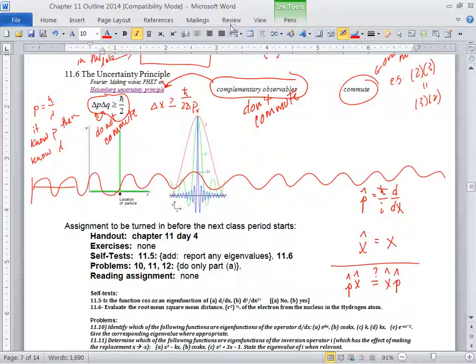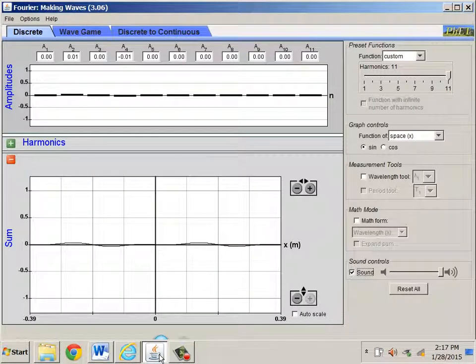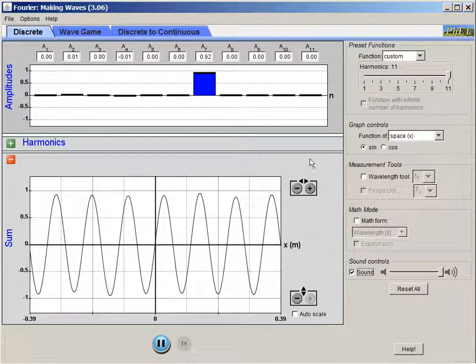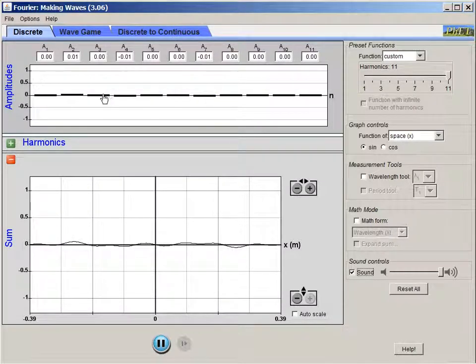One thing that's kind of cool here, I wanted to show you. So these are harmonics. And if you take any harmonic, look, we can't hear it. There it is. All right? You have all these different harmonics. See how they're plotted out?